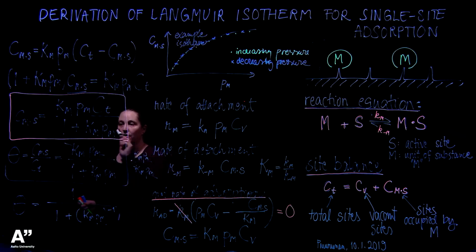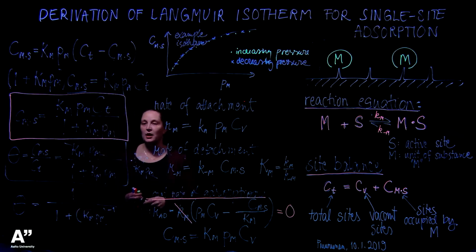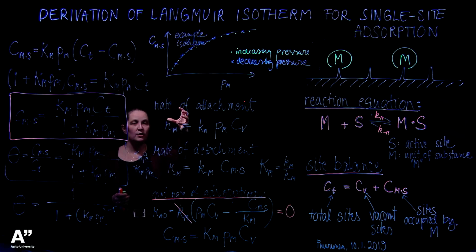Then we get to the isotherm where the amount adsorbed, or the fraction of total sites covered, is a function of the equilibrium constant of the adsorption times the partial pressure of the substance in the gas phase. These are the only variables included. This is for the simple case of non-reactive adsorption. So one molecule or atom or something in the gas phase adsorbing as a whole to the site.